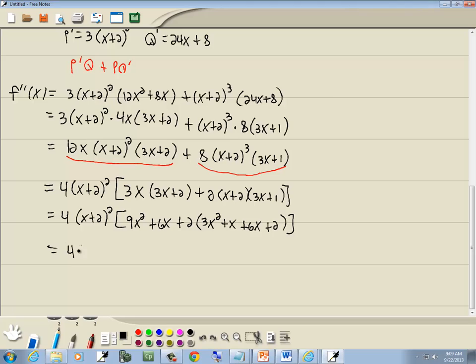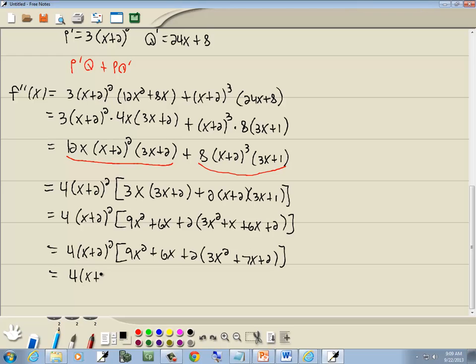So then we've got 4 times x plus 2 squared, 9x squared plus 6x plus 2 times, combine together like terms, x plus 6x is 7x plus 2.